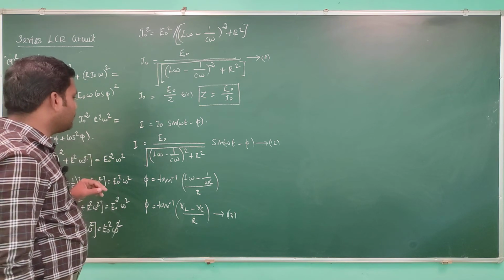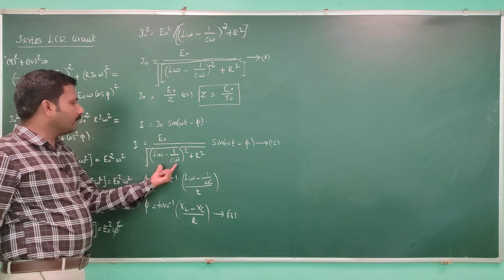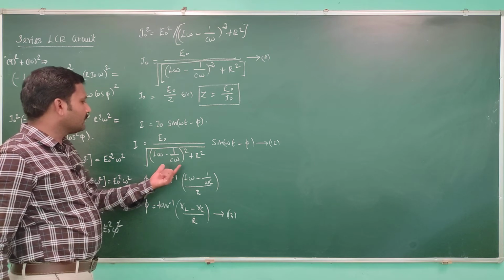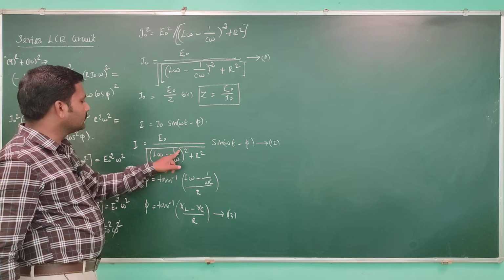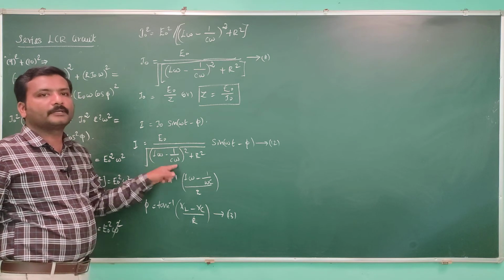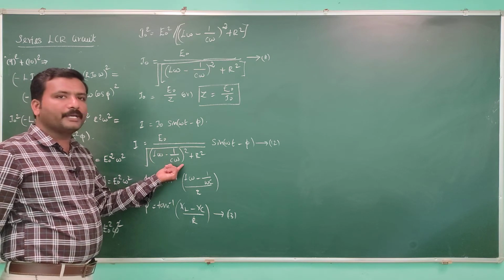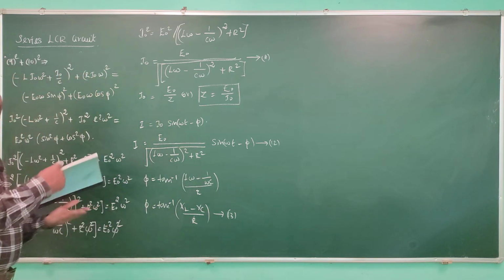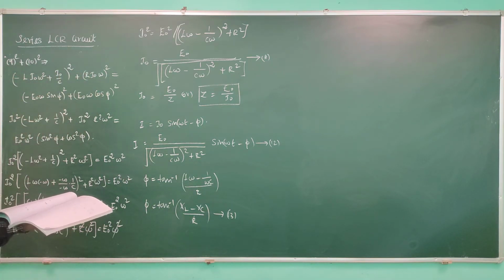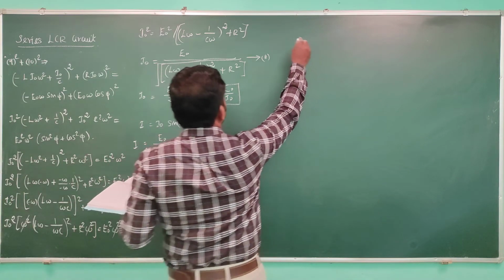When will Z be minimum? Z will be minimum when L omega is equal to 1 by C omega, and if R is minimum, then Z will be minimum.